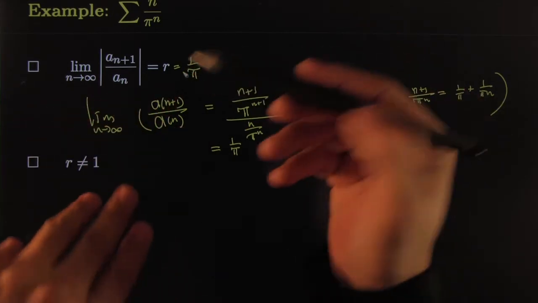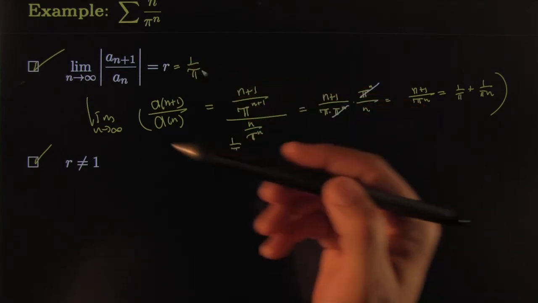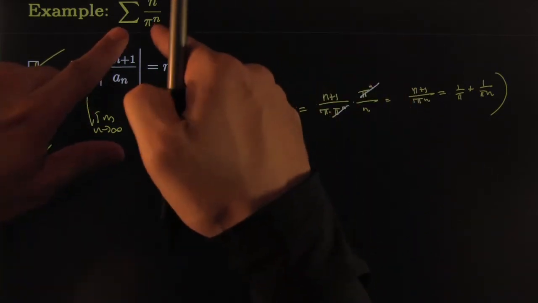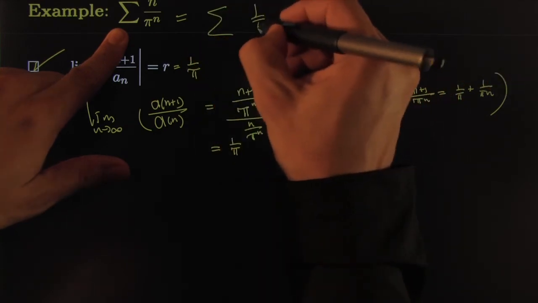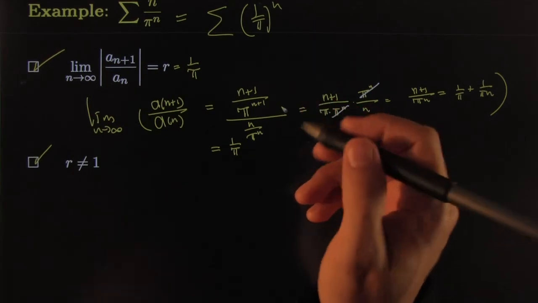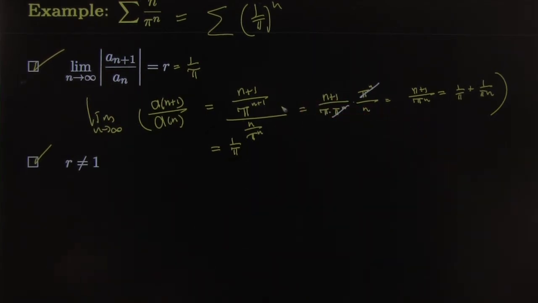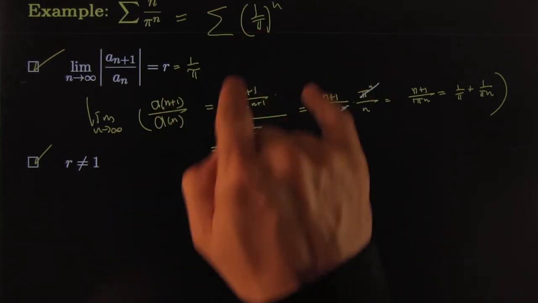So this tells you that r is not equal to 1. So this one behaves a lot like a geometric series. It behaves like 1 over pi to the n. Yay. Now it's all over. We just have to make it formal, and we're good to go. Oh, by the way, does this converge or diverge?